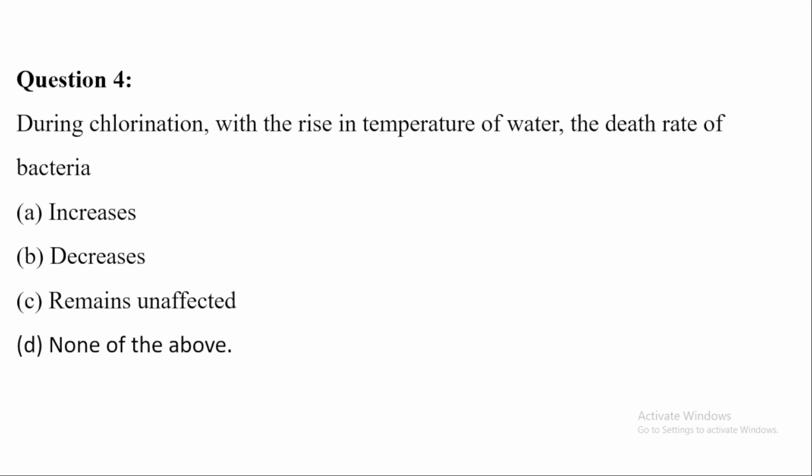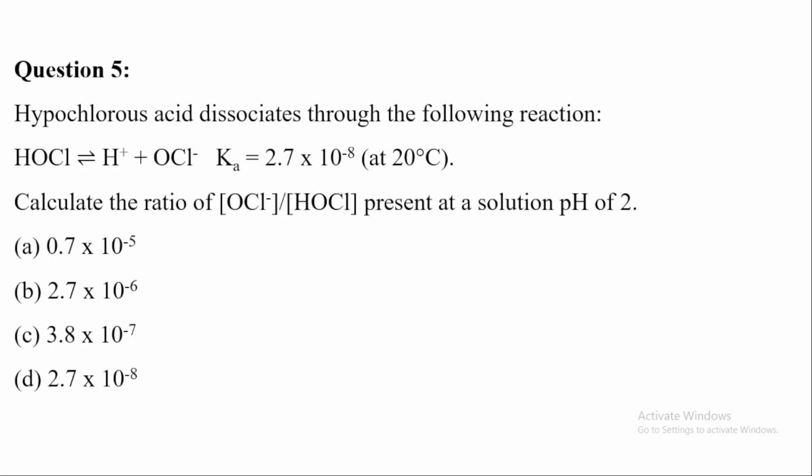Hypochlorous acid dissociates through the following reaction: HOCl goes to H+ plus OCl-. The dissociation constant of this reaction is given as 2.7 x 10^-8 at 20 degrees Celsius.